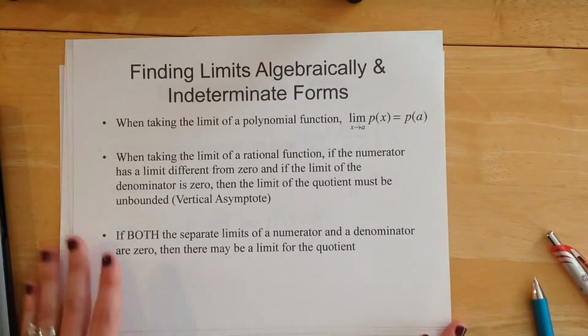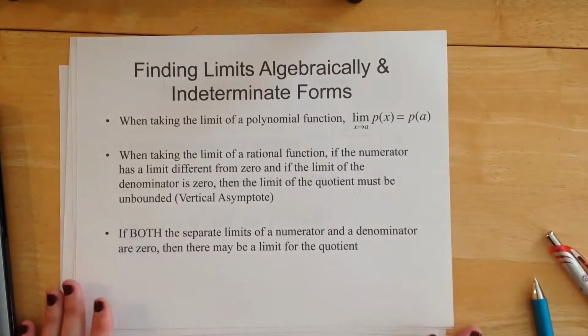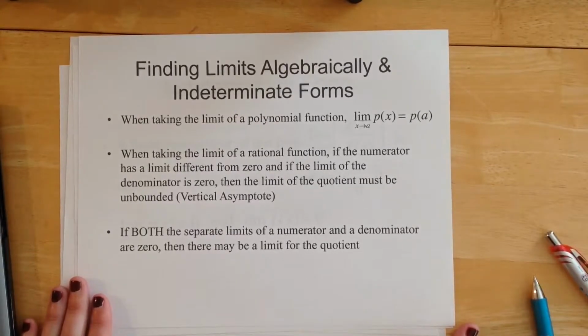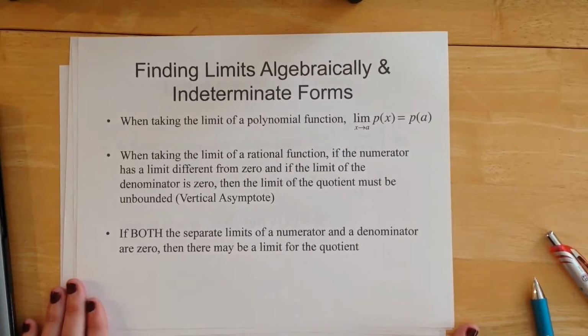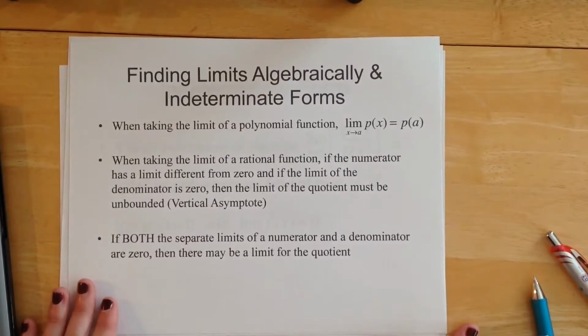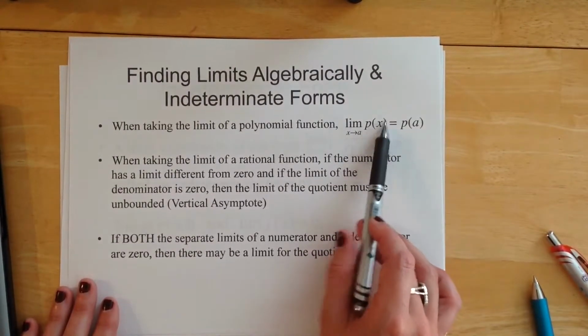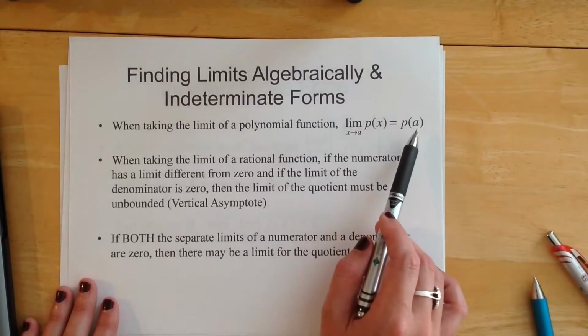Okay, so now we're going to start talking about finding limits algebraically, and something that sometimes happens when we try to find a limit algebraically. So going forward, unless you are specifically asked to evaluate your limit numerically or graphically, you're going to first try direct substitution, where you just substitute the x value into the function and see if you get some finite value.